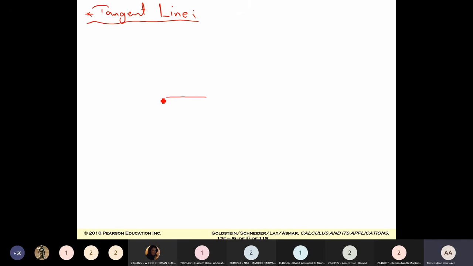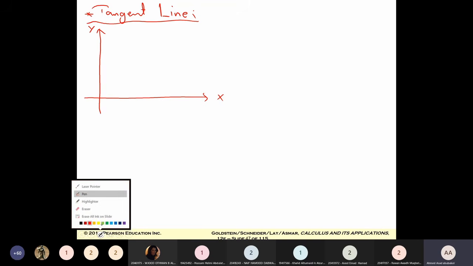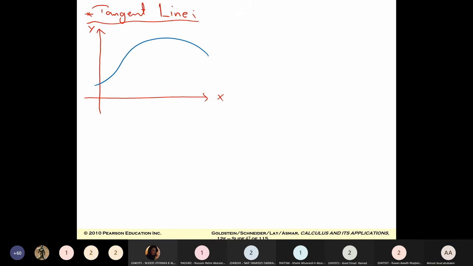If we have the xy plane, okay, and f of x like this, this is f of x.